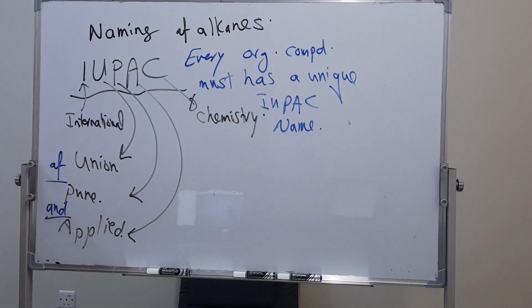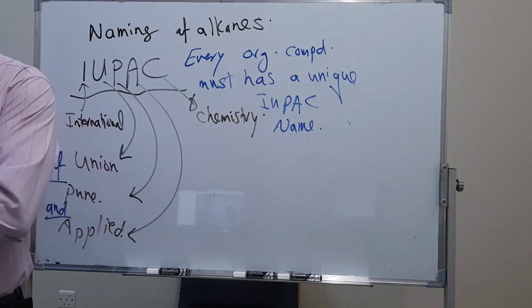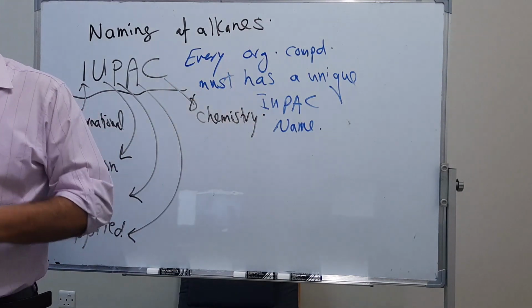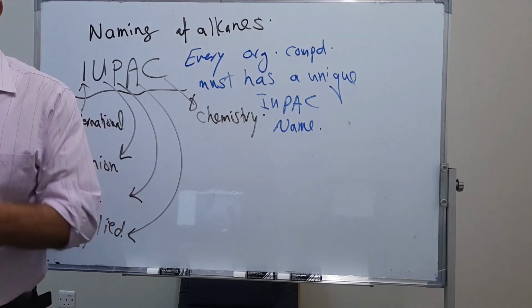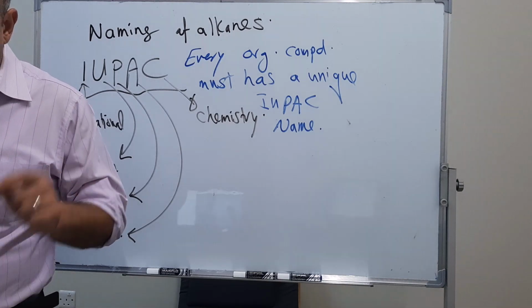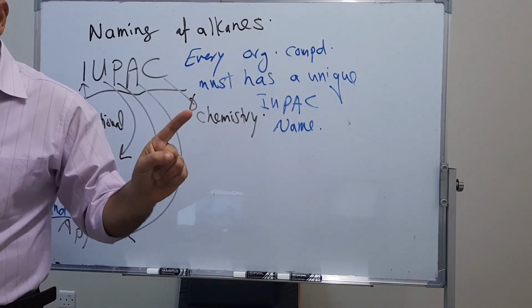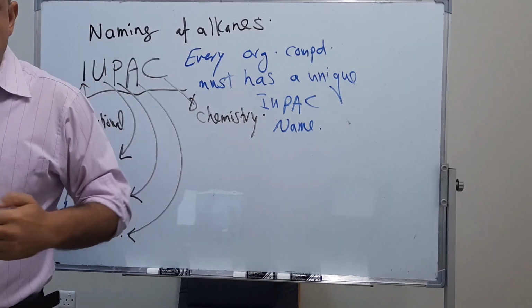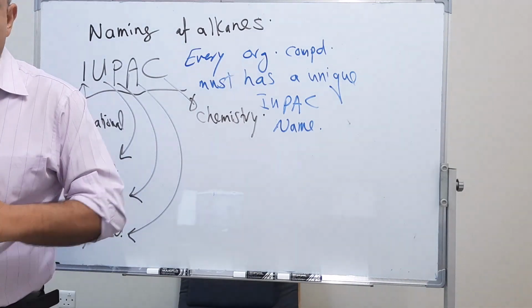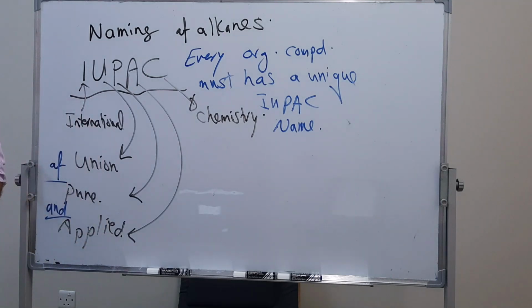In other words, there are chemists in Oman, in America, in Germany, all over the world. In all of the world, no two chemists should give two different names for the same compound. Every compound must have only one single name based on the rules. So if all chemists all over the world follow the rules, we must achieve only one unique single name for the compound. Do you follow me? That's actually the motto here.